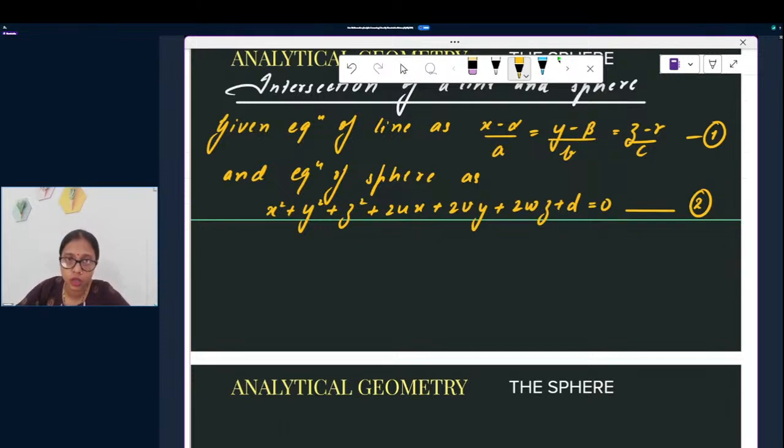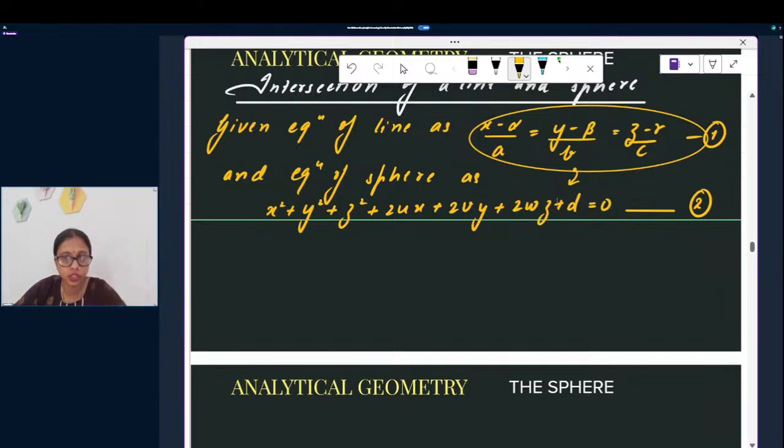Now, given the equation of the line is this and the given equation of the sphere is this. How do we solve the intersection of two objects in three dimensions? We find a point on one of them, and then we apply the condition that this point is also on the sphere.